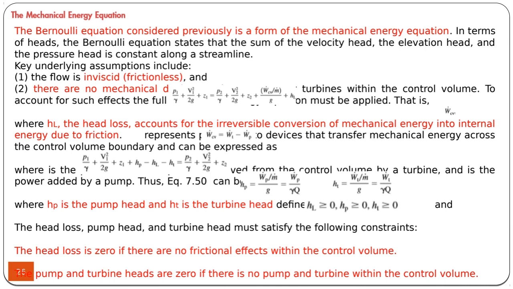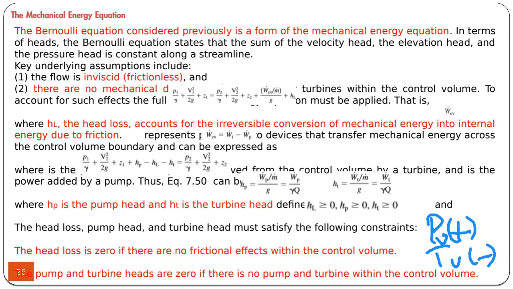A pump increases the energy of flow, so pump adds energy to the flow, whereas turbine extracts energy from the flow. So when there is a pump, you use a plus sign in the energy equation. When it's a turbine, you use a minus sign in the energy equation.